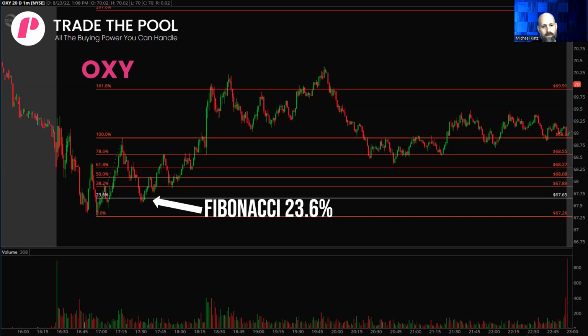Take profit, that's a good question, but it's a whole other story. Generally speaking, you can definitely aim for the 161.8.